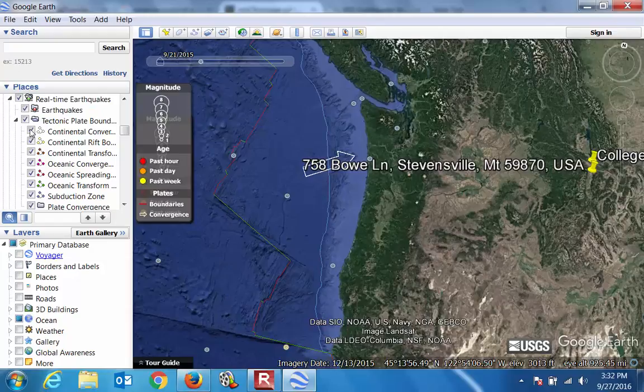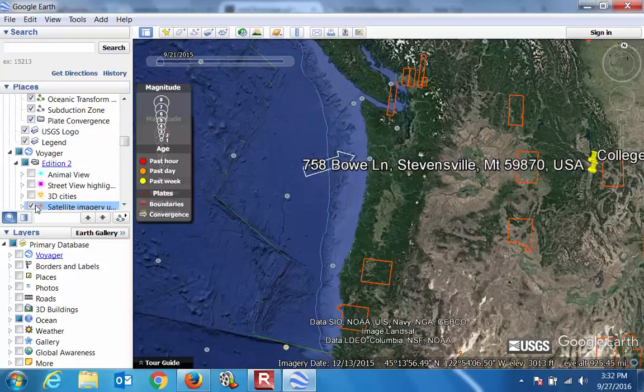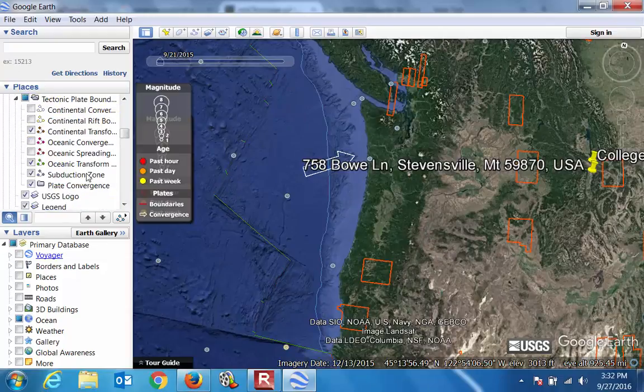If you want to say, okay, well, let's get rid of everything except continental transformal boundaries. Oceanic transformal. Let's leave subduction zones in there.